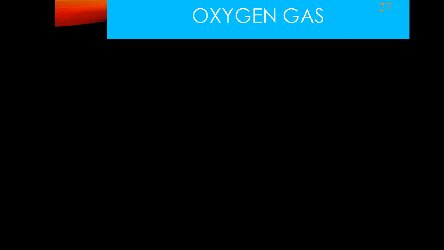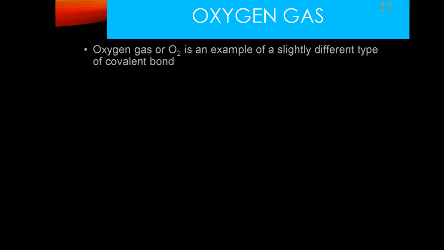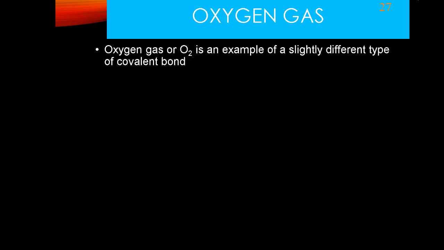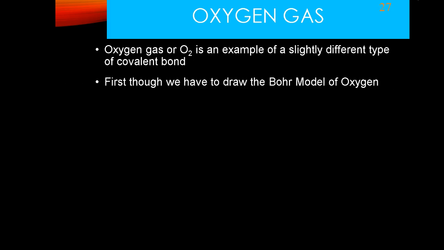All right, oxygen gas, slightly different from the first covalent bond, only because we're going to be sharing 2 pairs of electrons. First we have to get the stats for oxygen in order to draw it. If you remember, oxygen is number 8. The mass number is 15.99, so we just put 15.99.